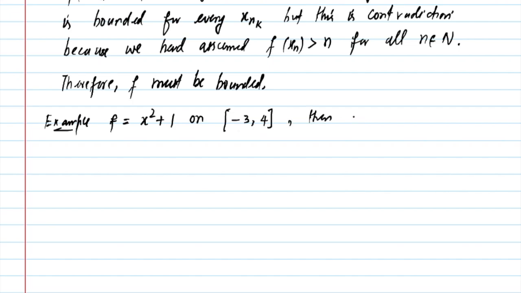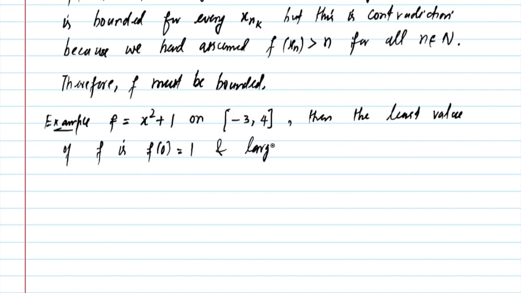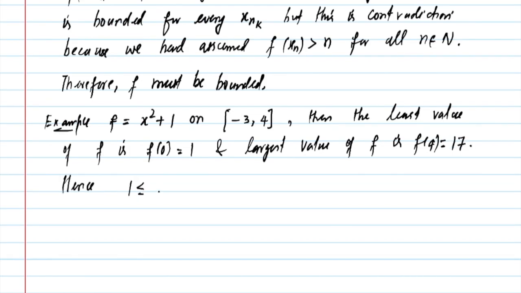Then the least value of f is f of 0, which is equal to 1, and the largest value of f is f of 4, which is equal to 16 plus 1, equal to 17. Hence 1 is less than or equal to f of x, which is less than or equal to 17, for all x belonging to the closed interval minus 3 to 4.